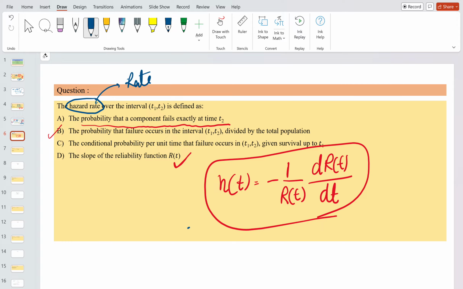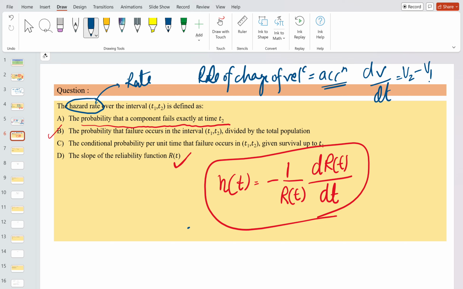Suppose I take the rate of change of velocity, this is acceleration, so this is a kind of rate. When a rate is given, it means something like dv by dt, or (v2 minus v1) divided by (t2 minus t1). So the first statement is false because it says the probability that a component fails exactly at time t2. This is not a rate, this is probability.